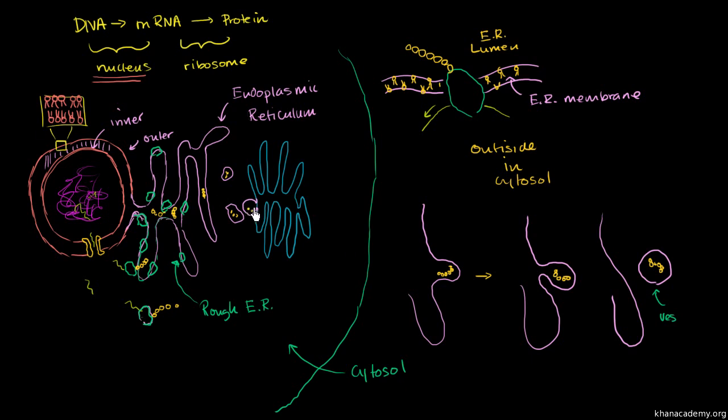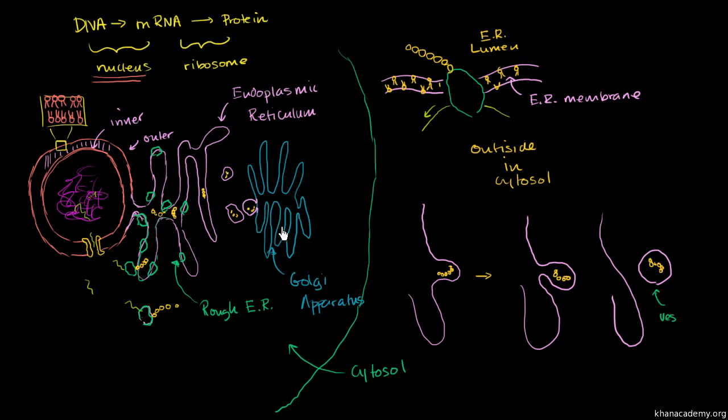And then the proteins, once they get into the inside of the Golgi body, essentially go into a maturation process so that they're ready for transport outside of the cell, or maybe to be embedded into the cellular membrane. So this right over here is the Golgi body, or Golgi apparatus.